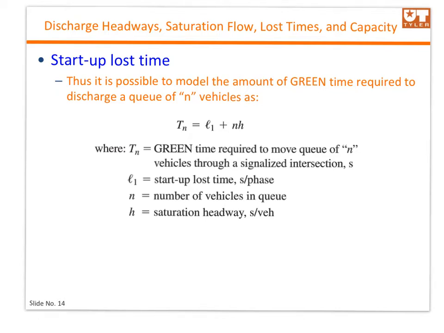Simply, it's going to be L1, which is the startup lost time, plus N times H. N is the number of vehicles in a certain queue times the saturation headway, which is seconds per vehicle. If I know the lost time coming from the first 4 vehicles or so, plus the average headway or the saturation headway times the number of vehicles in that queue, this would be the required amount of green time to move the entire queue during the green light.